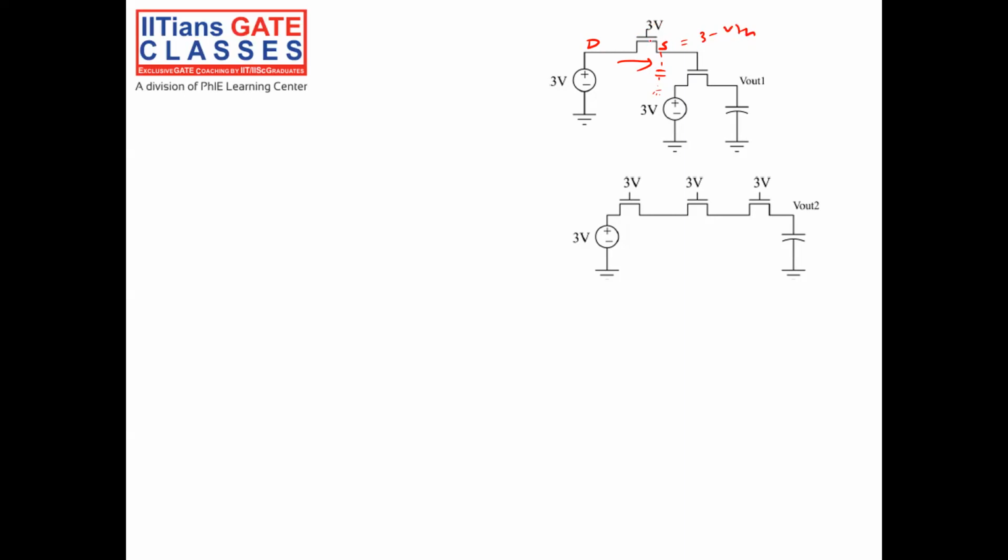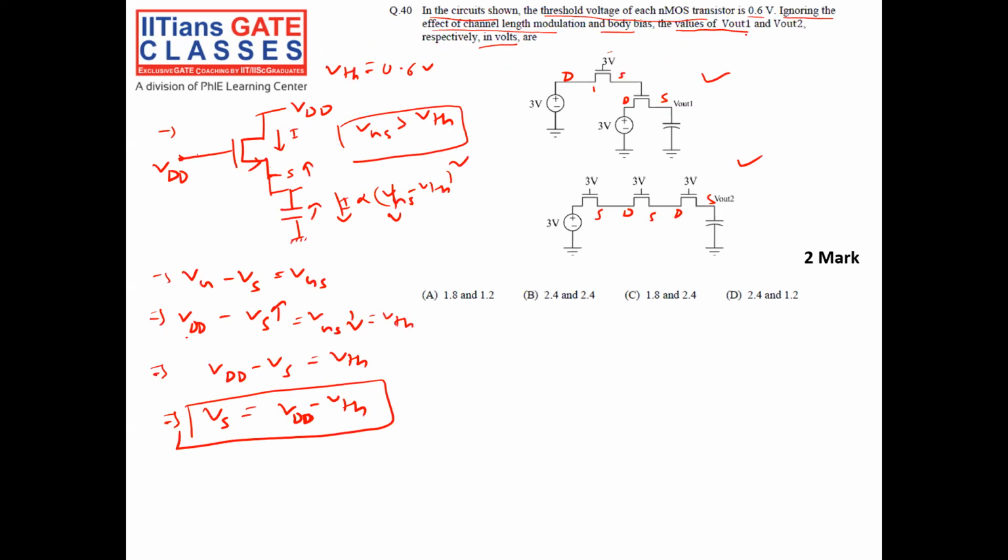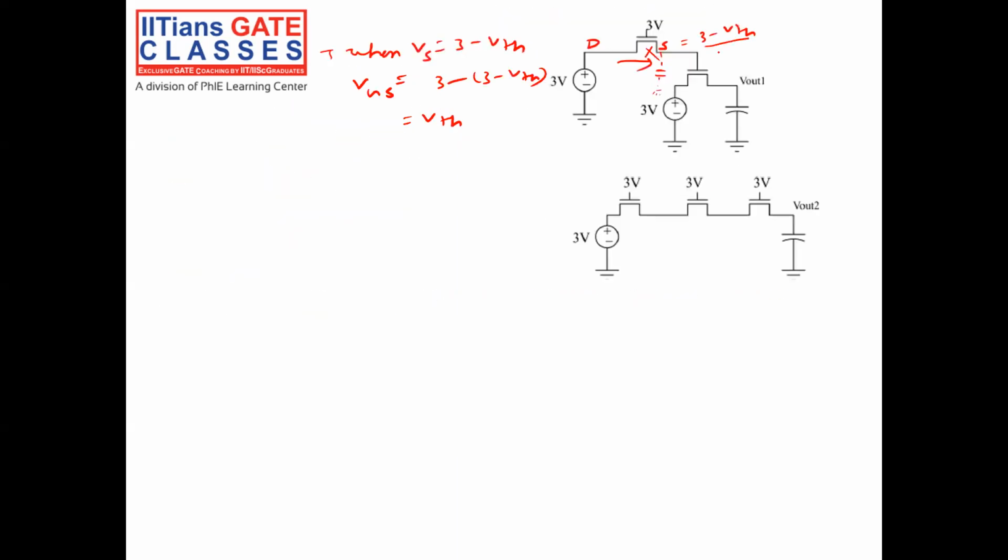After that, Vgs is equal to 3 minus (3 minus Vth), which is Vth only. So the transistor will be off and the source voltage remains constant at 3 minus Vth. What is Vth here? It is 0.6 volt, so this voltage will go up to 3 minus 0.6 equal to 2.4 volt, right?